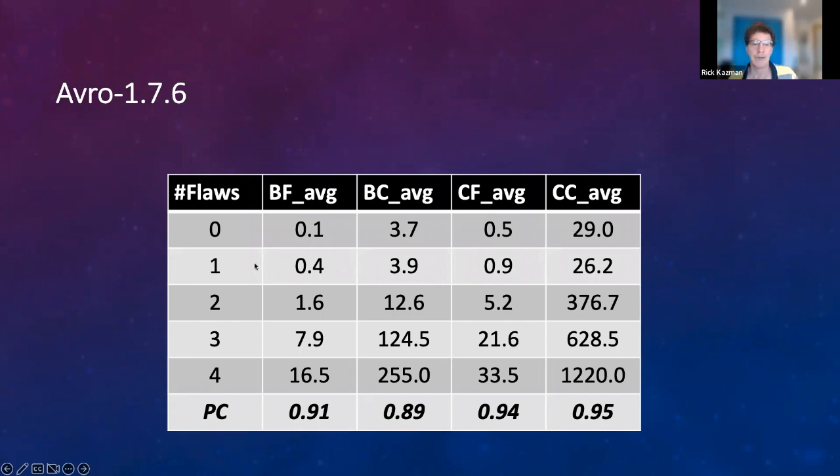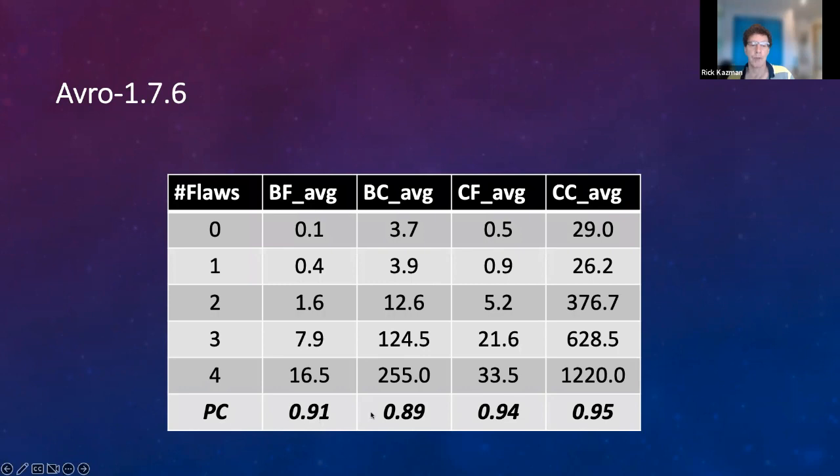Now we look at the set of files that participated in one design flaw, and not too bad. 0.4 bugs, requiring 3.9 lines of code, 0.9 changes, requiring 26.2 lines of code. But as soon as you go down to the higher levels of flawed relationships, you see dramatic increases in the bugginess of those files and the change proneness of those files.